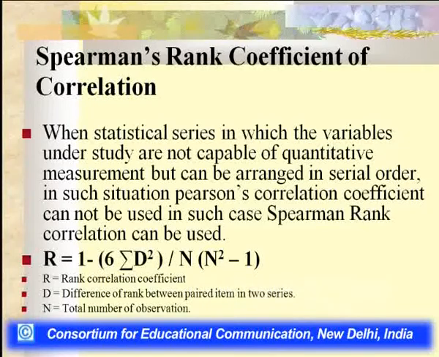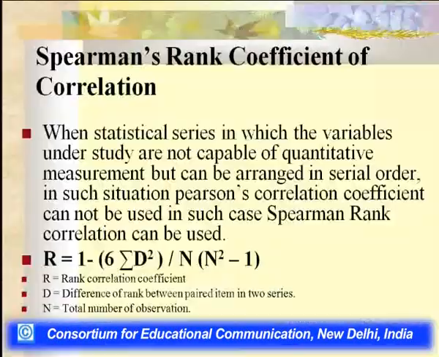So this explains the concept of Spearman's rank coefficient of correlation. When you have a statistical series in which you are not able to do any kind of quantitative measurement, in that case Spearman's rank correlation is used. Why? Because you cannot measure it in quantitative terms, but you can rank it.